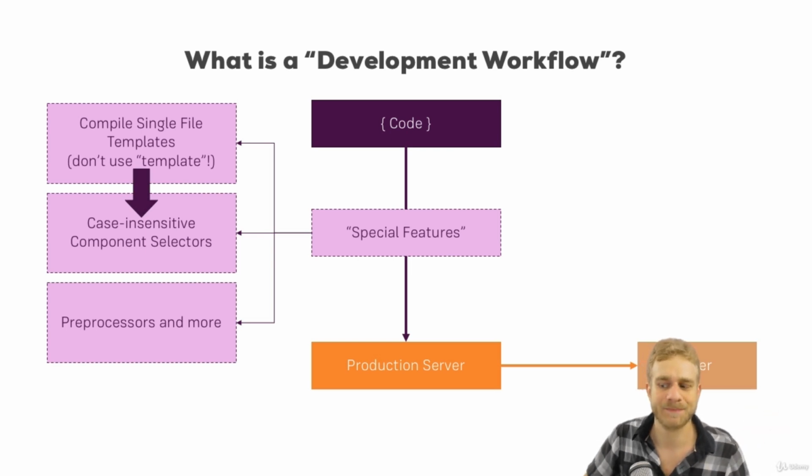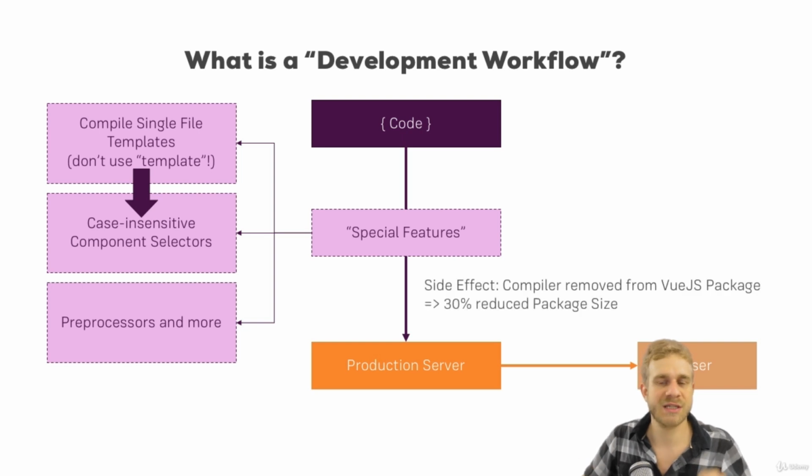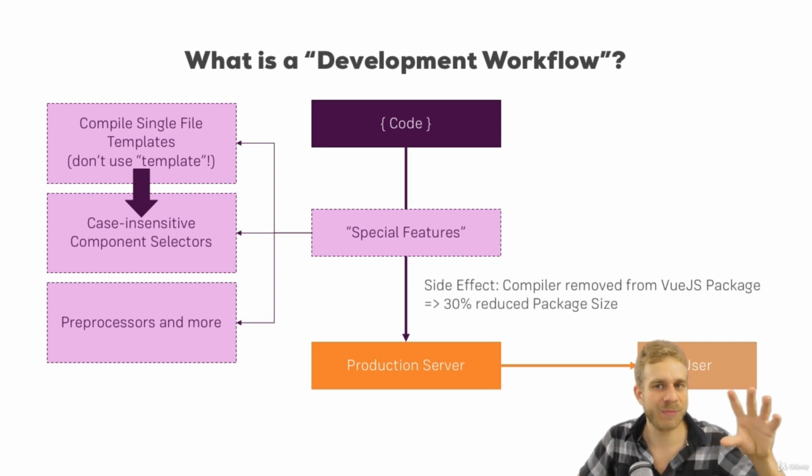As I mentioned earlier, having these features not only makes our code more fun to write and gives us some additional help, or allows us to use next-gen JavaScript features, for example. But since we use these single-file templates, it will also allow us to significantly shrink the size of the Vue.js code we ship to the server, since you can get rid of this compiler, since no compilation happens in the browser.